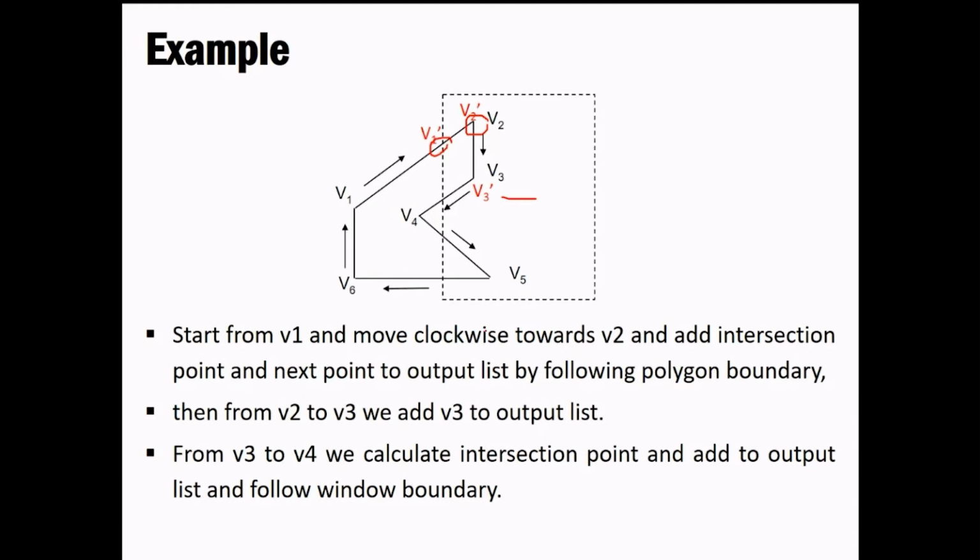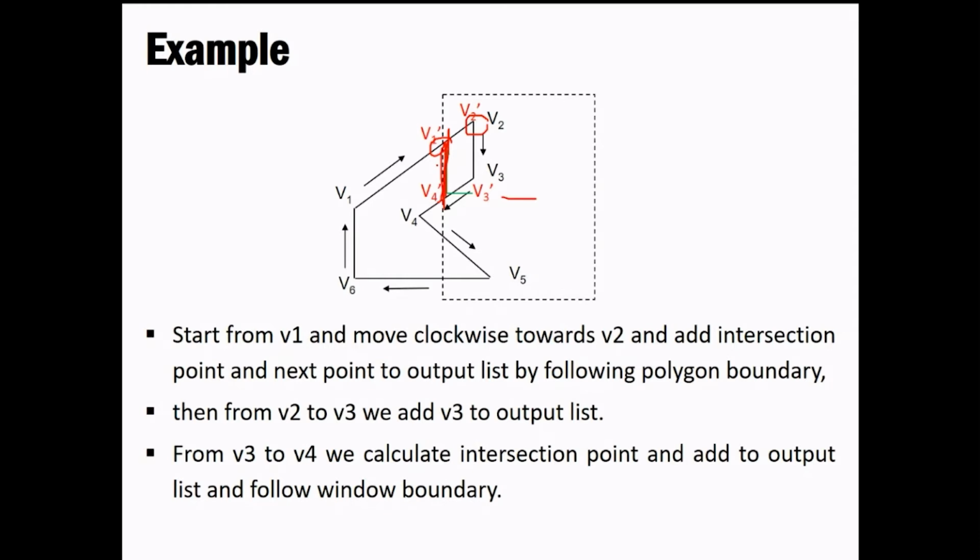Add the intersection point to the output list and follow the window boundary, as you can see over here, instead of following the polygon boundary. But obviously you only have to consider this for this case, not for the remaining other cases.